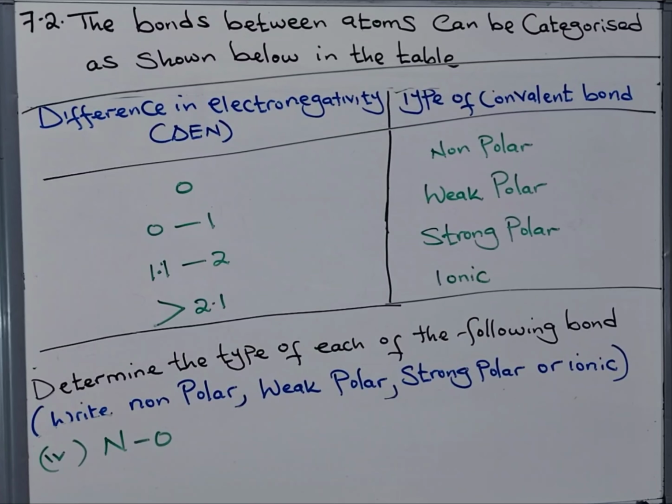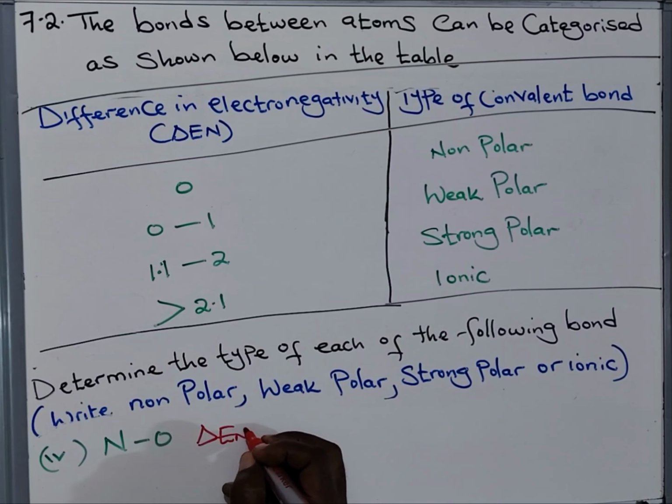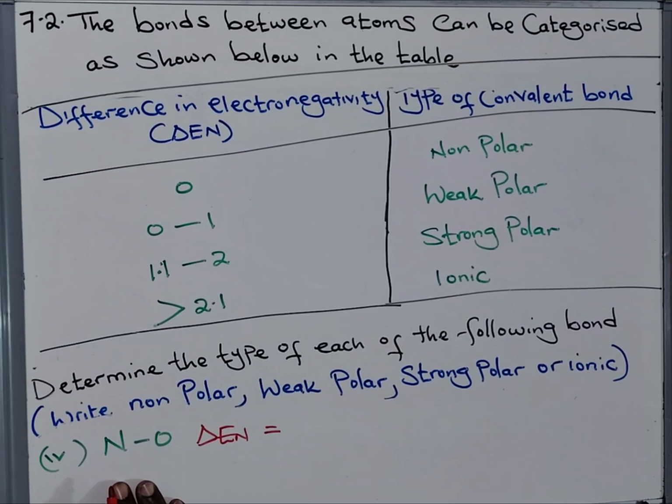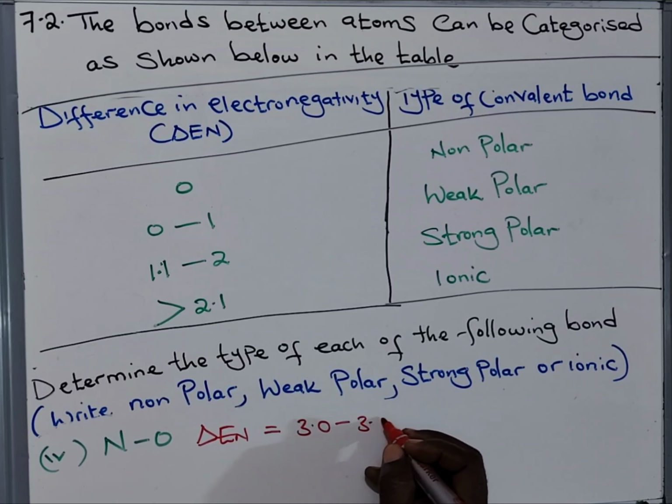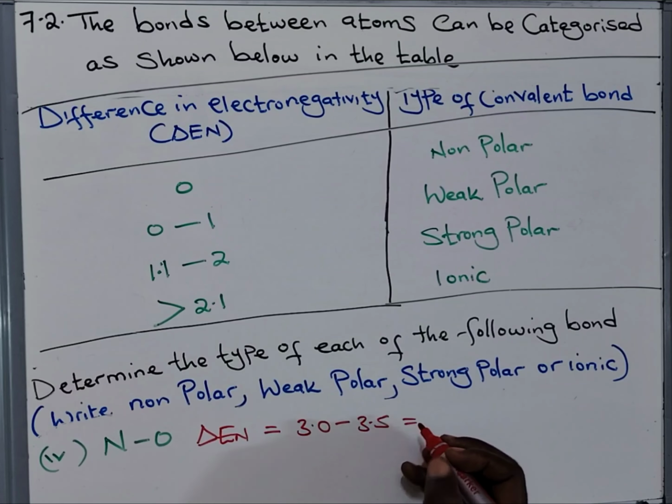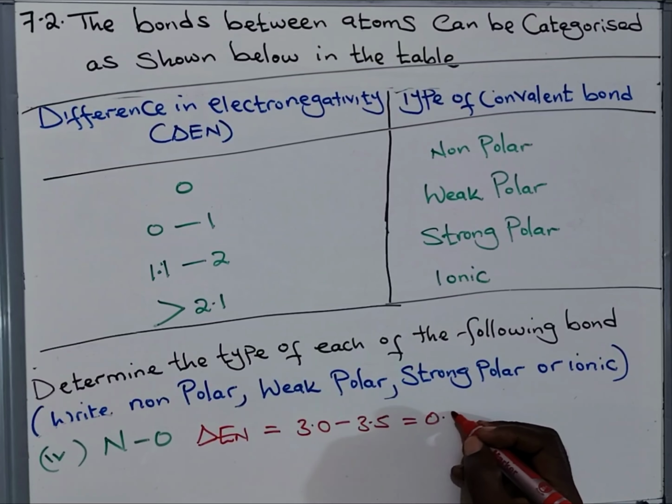Then next we come to the bond between nitrogen and oxygen. So we find the electronegativity difference. For nitrogen, it is 3.0, and for oxygen, it is 3.5, giving us 0.5.